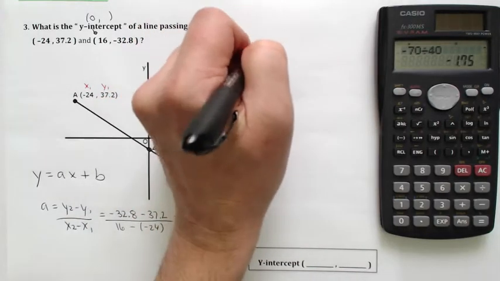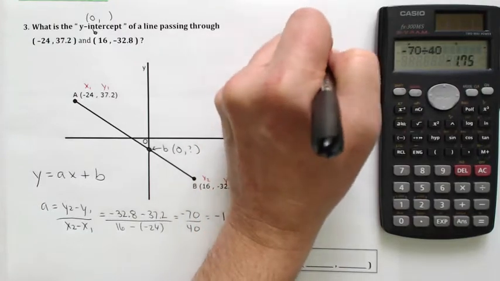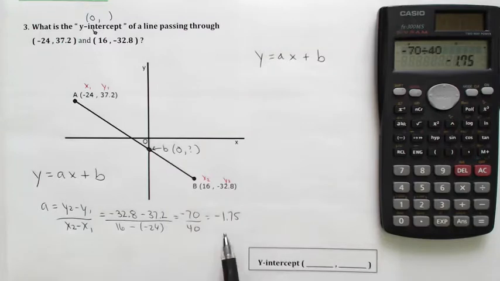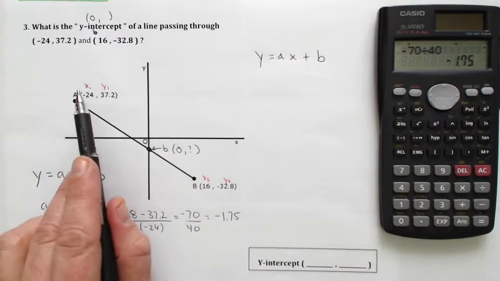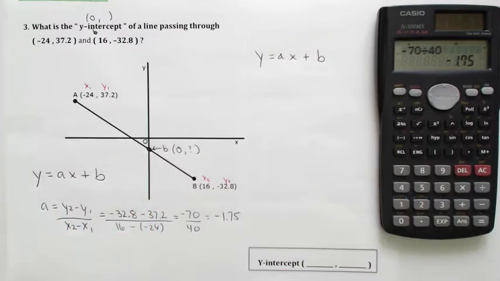So I'm just going to take a second, come over here, rewrite the slope-intercept form as it's called, the rule that we use all the time, and remind you that I've got an a, and then I can pick x's and y's. I can either pick this x with this y, or I could pick this x with this y over here. Doesn't really matter.